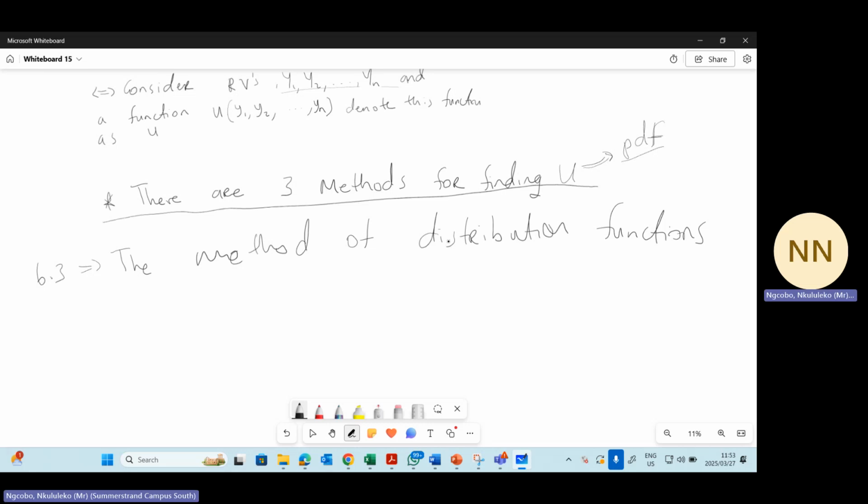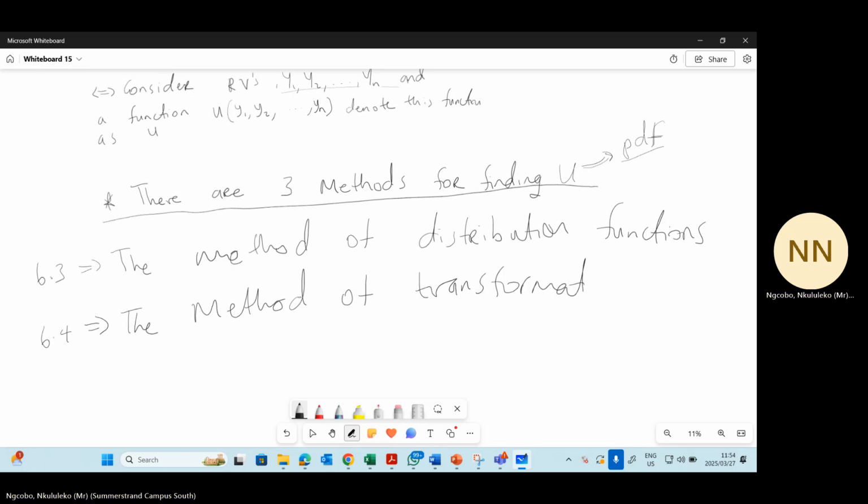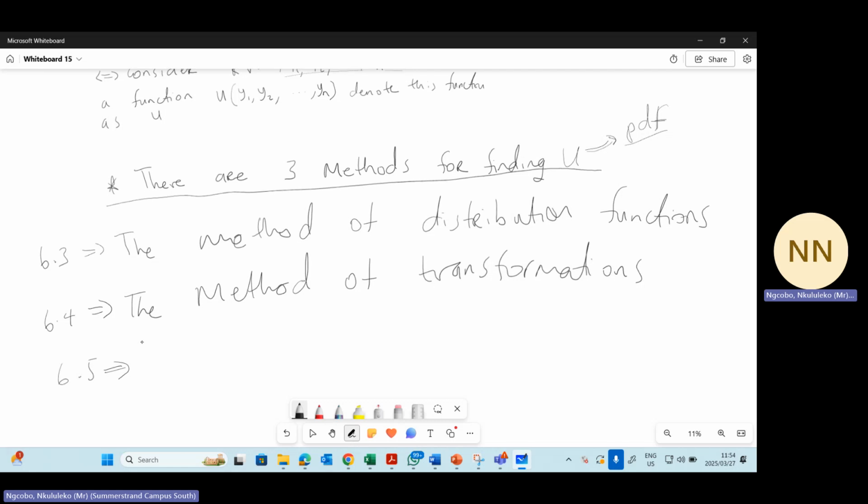It is either through the distribution function, or you could find this using the method of transformations, or you could find this probability density function using the method of moment generating functions.